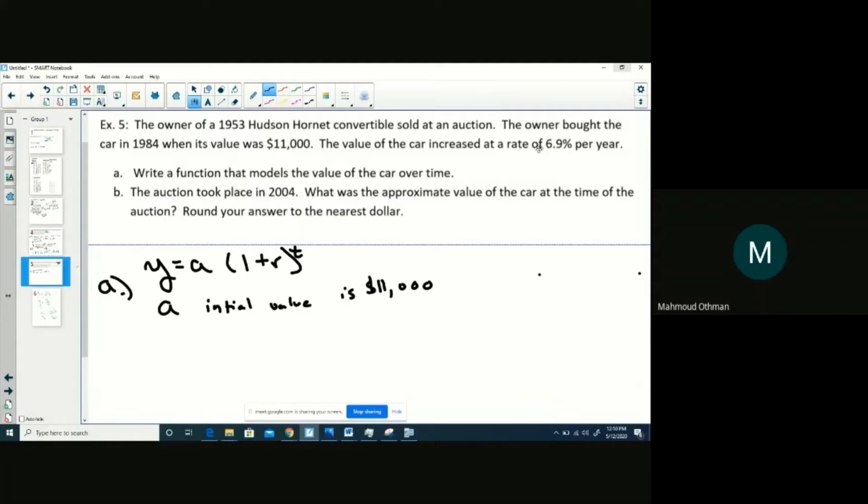We know that the rate it increases per year, R, is the growth rate, 6.9%, or as a decimal, moving two places to the left, 69 thousandths, 0.069. Then we need time. T is time in years.